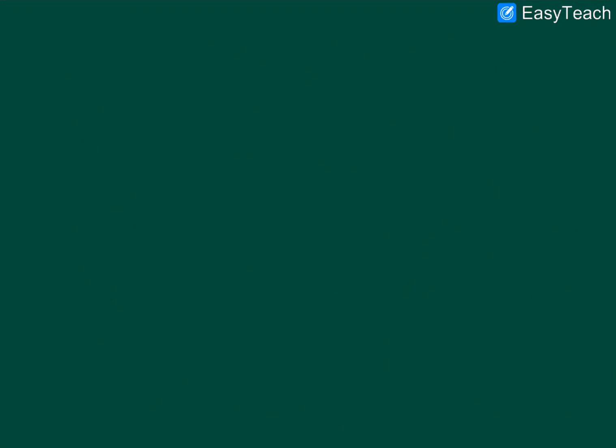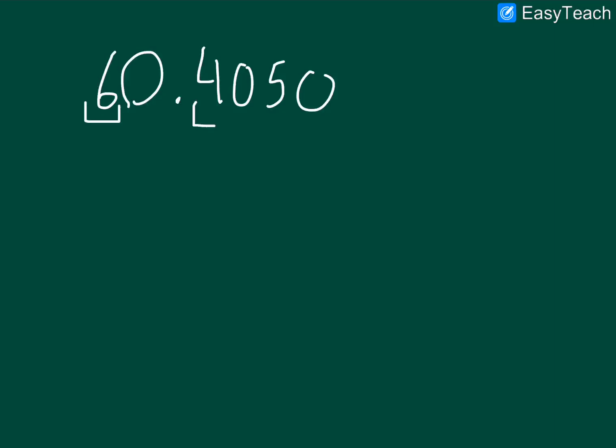So let's say we have 60.4050. Okay, let's go over the first rule. All non-zeros count. And this is pretty understandable, right? They're values that are not nothing, so obviously they have to count. The second rule says zeros before the first non-zero do not count.